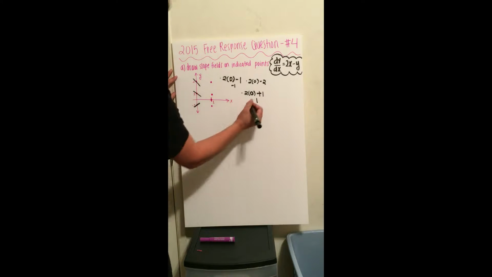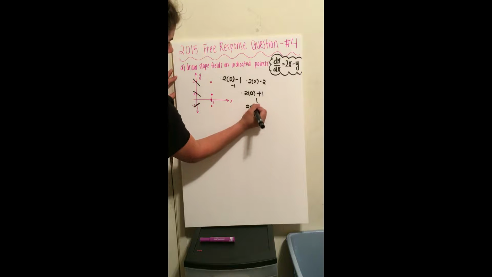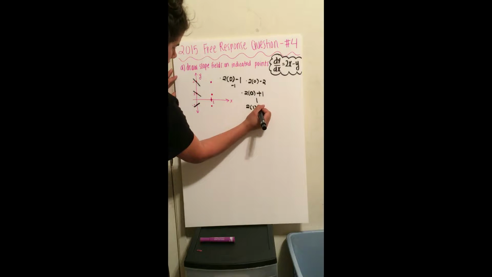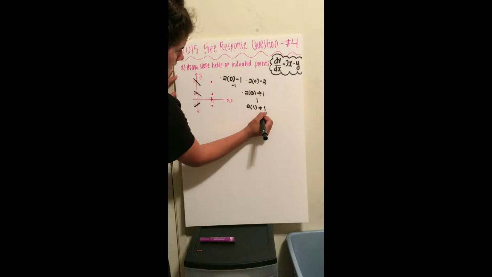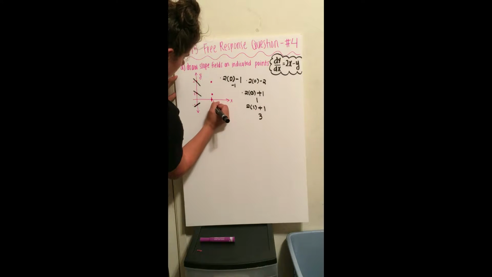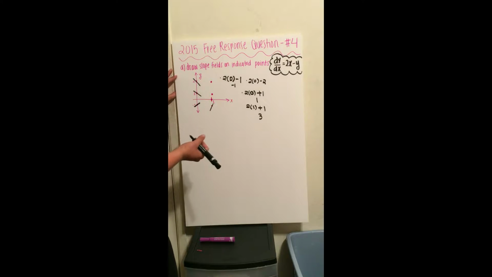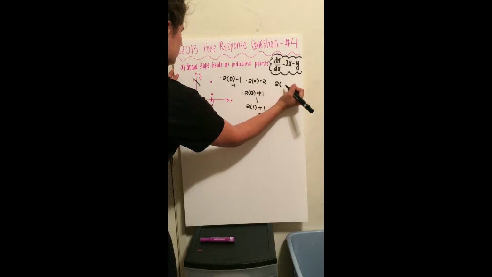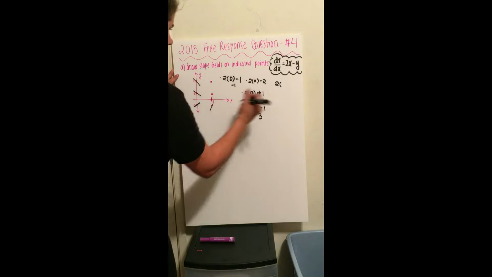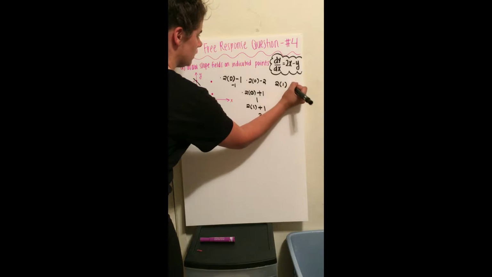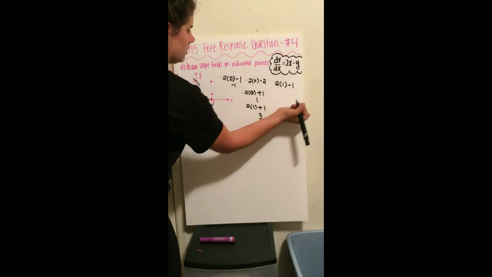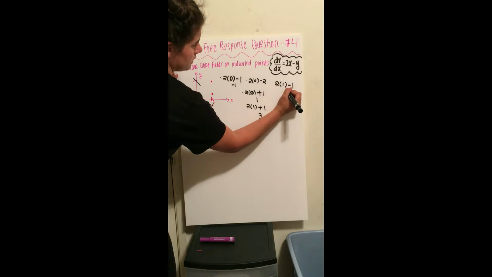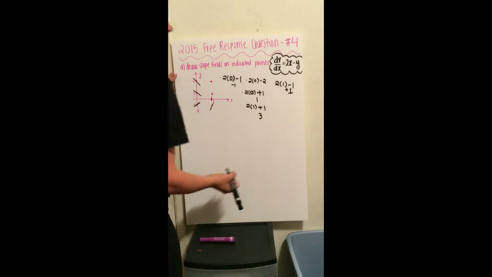For this point, it's 2 times 1 minus -1, which makes this a plus. So it's 3, and it's a pretty steep slope. Then for this point, it's 2 times 1 minus 1, which is positive 1.